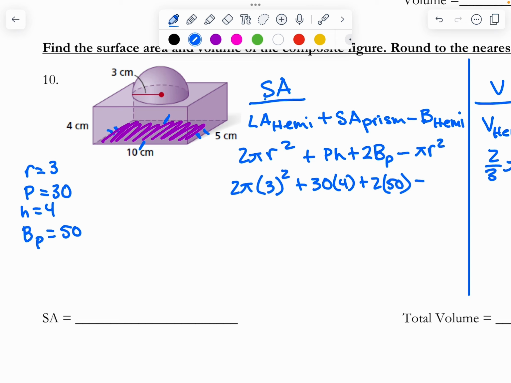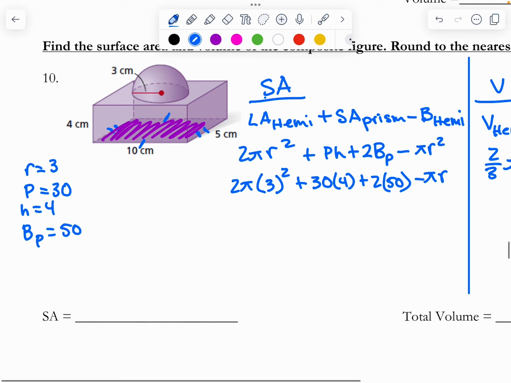And then we're going to go ahead and subtract away pi r squared, so pi 3 squared. I think this is good. Just double checking, making sure I have nothing wrong here. Yeah, we look good. Wonderful.